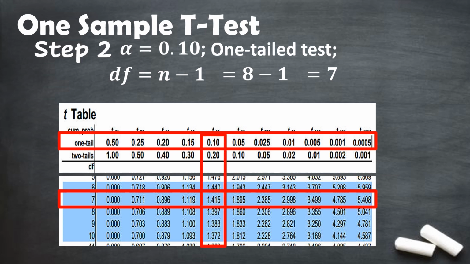The level of significance is equivalent to 0.10. So we look for 0.10 in the row adjacent to one-tailed test and draw an imaginary vertical line passing through that 0.10. The intersection of those two imaginary lines will be our t tabular.